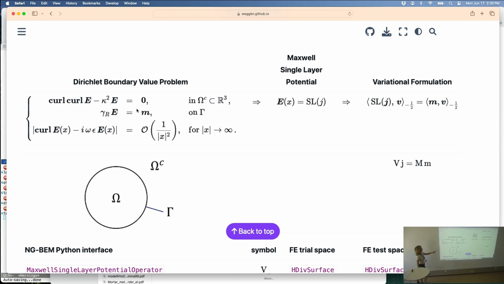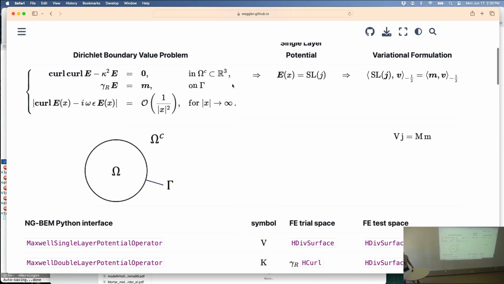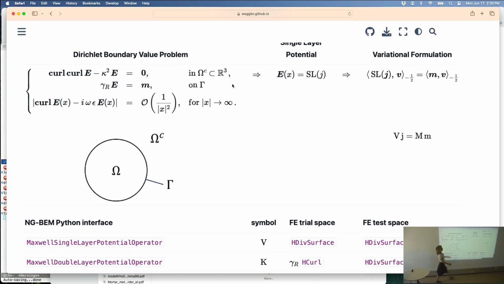This time with radiation conditions, otherwise it's not well posed. This is an indirect formulation, so I make an ansatz as single layer potential and derive my system matrix. It has in the BEM community exactly the same symbol, right? V is in the BEM community always the operator that is deduced by the single layer potential. It's not specified by whether it is Maxwell or Laplace.